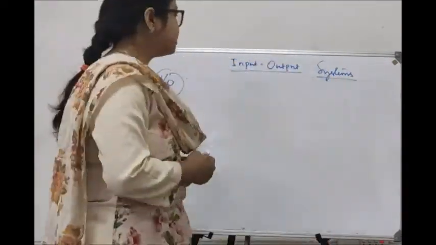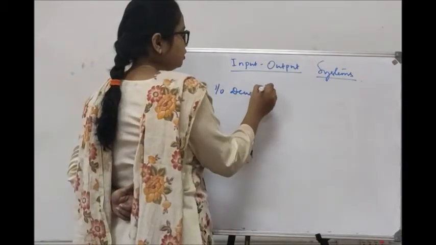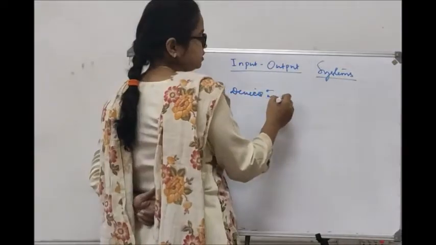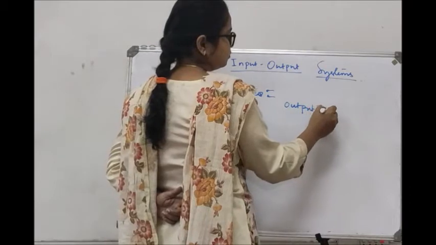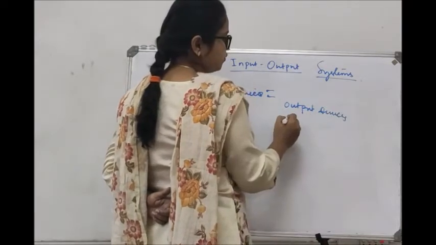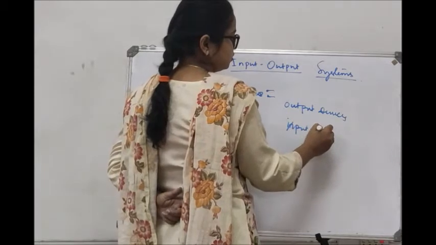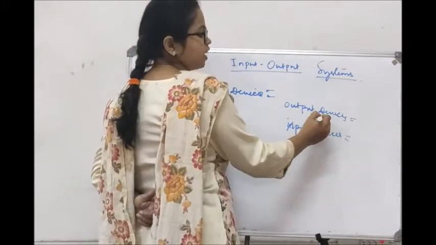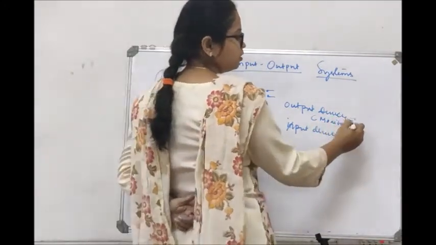So what are the various IO devices? I am just revising all this; you have learned all this already in computer application. We have output devices and we have input devices as well. Output devices: we have monitor, printer, plotter.